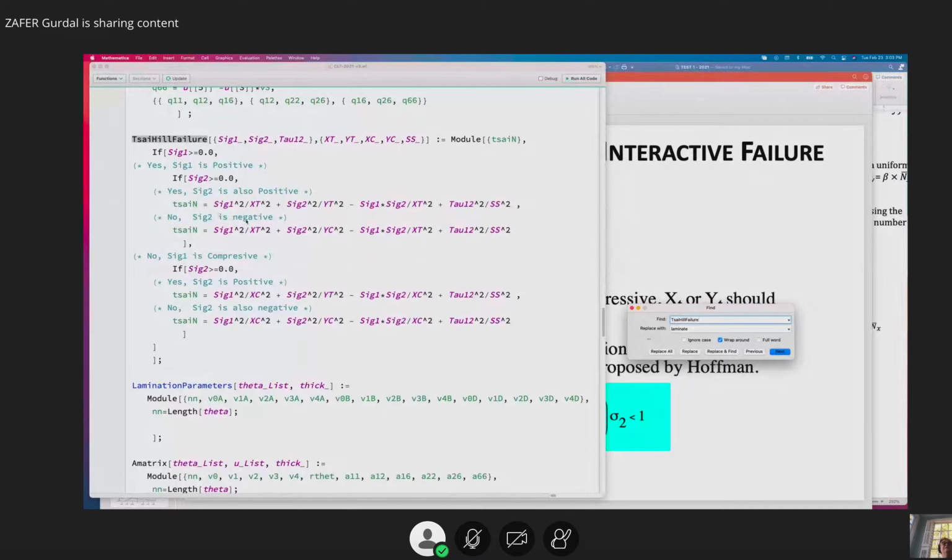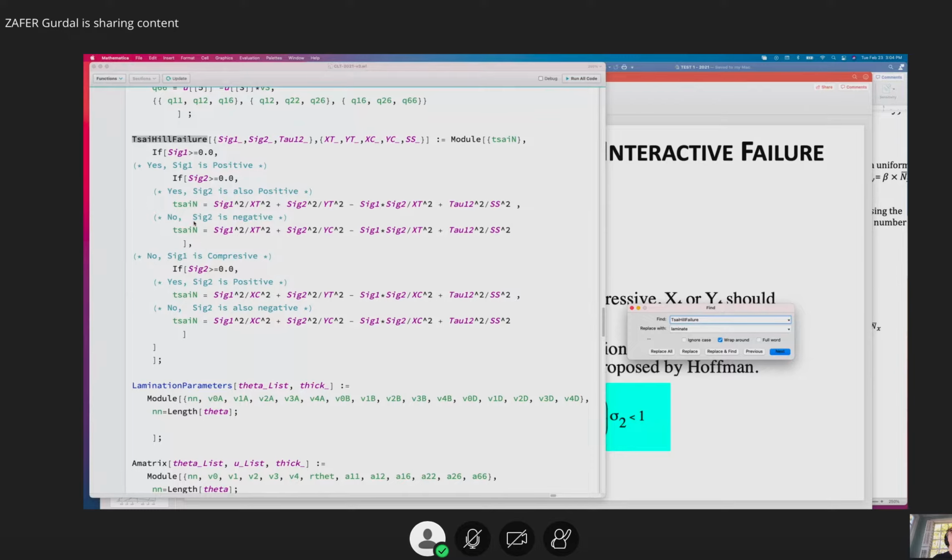If sigma 2 is negative, then this is tension, sigma 1 squared XT squared, sigma 2 squared YC squared instead of YT squared. And then if sigma 2 is greater than or equal to 0, then you check again.